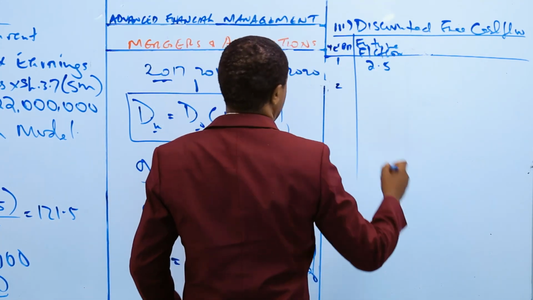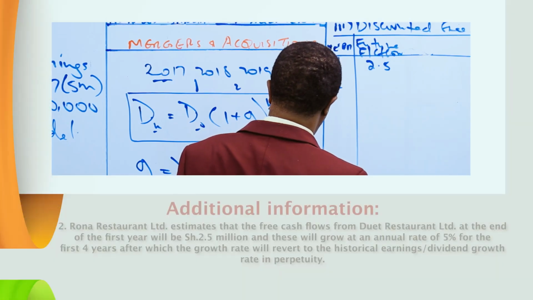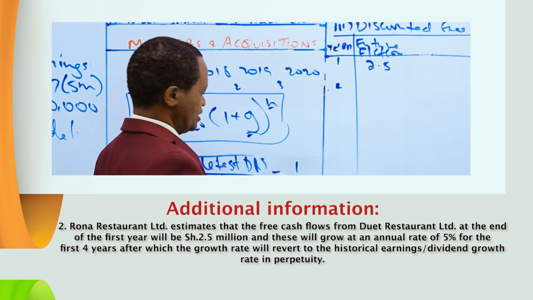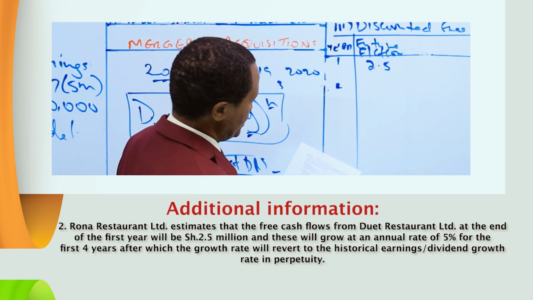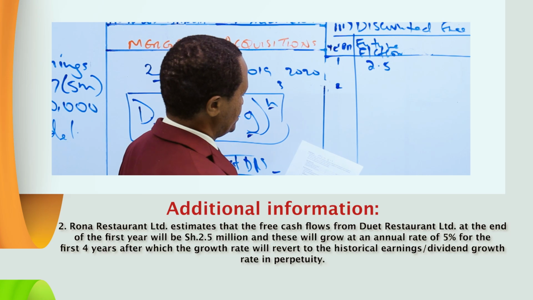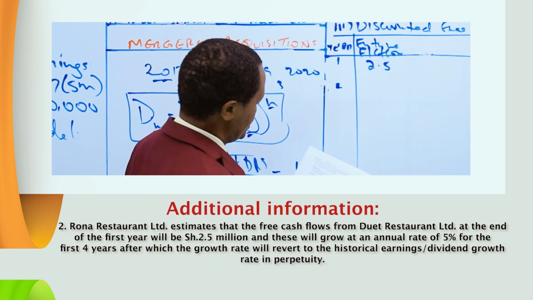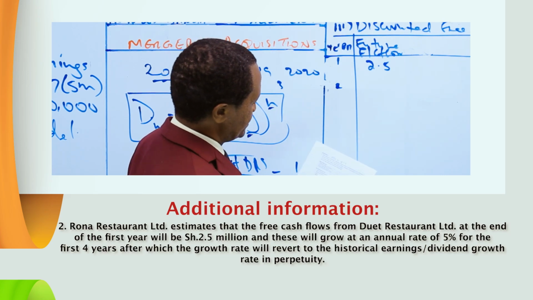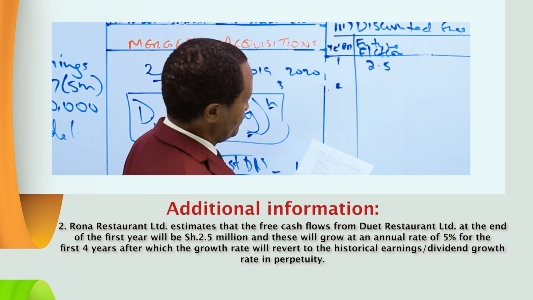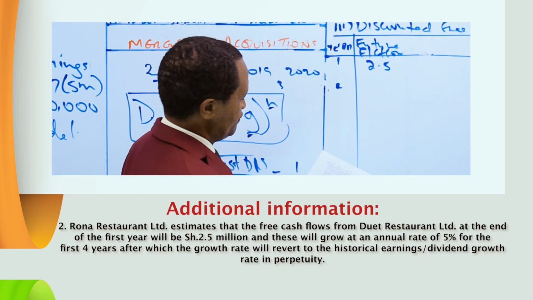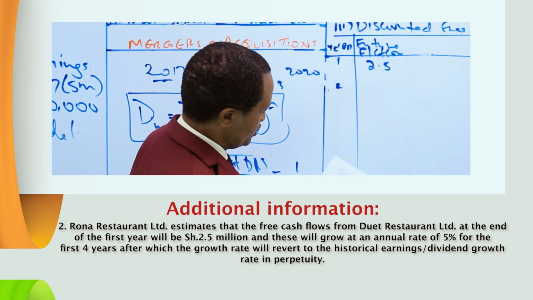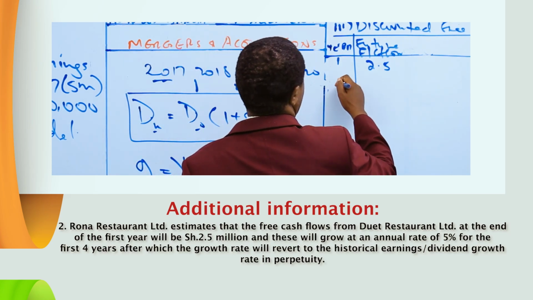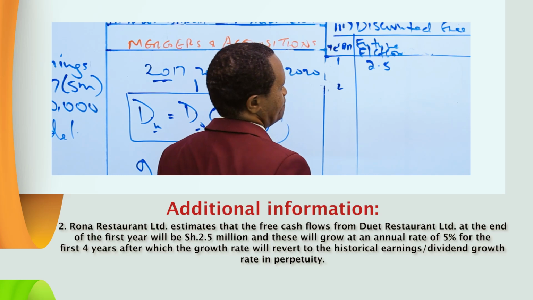In year 2, look at the information. The free cash flows at the end of the first year will be 2.5 million shillings, and this will grow at an annual rate of 5% for the first 4 years. So at the end of year 2, it's going to grow at the rate of 5%.